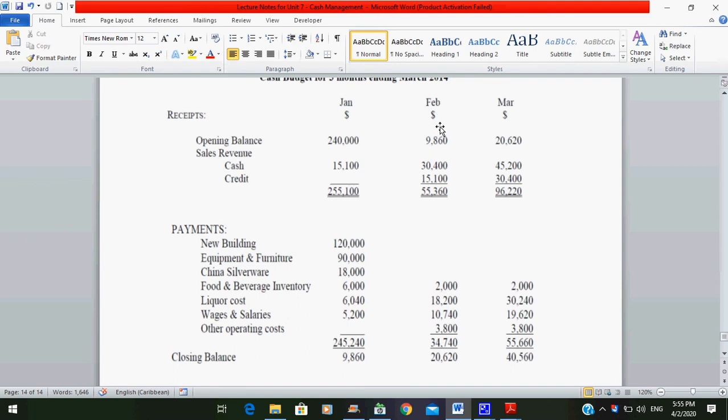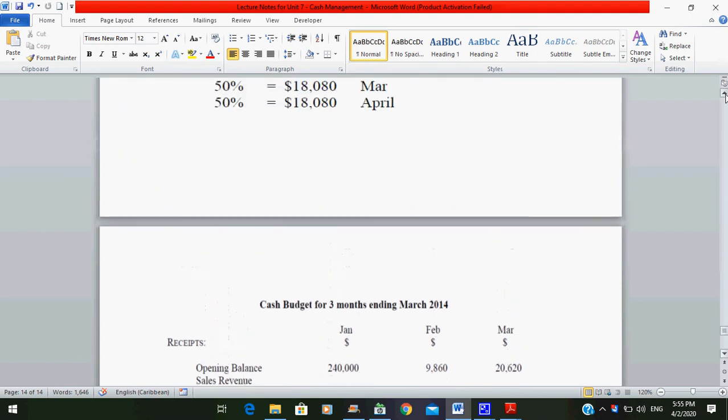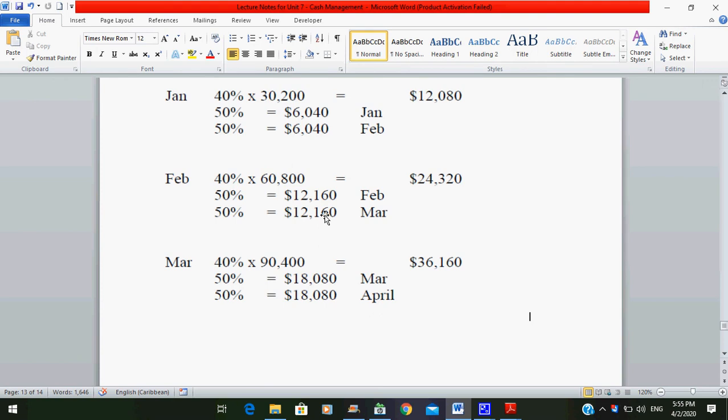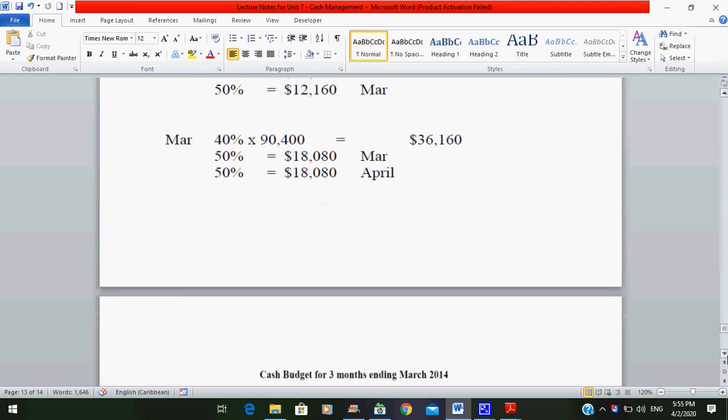The amount which you owed from February plus the amount which you would have paid for what? March. But let's look at it now. The amount from February would have been 12,160 plus in March is 18,080.